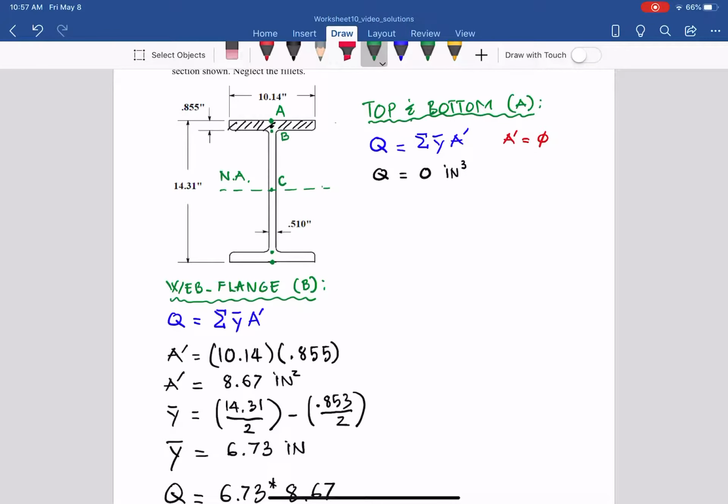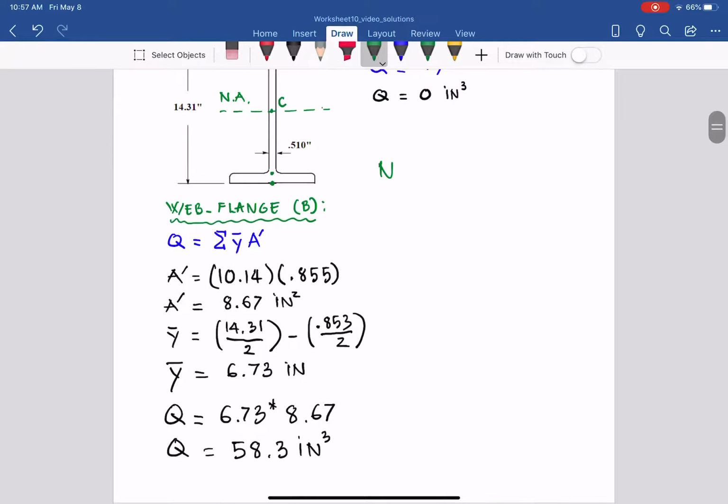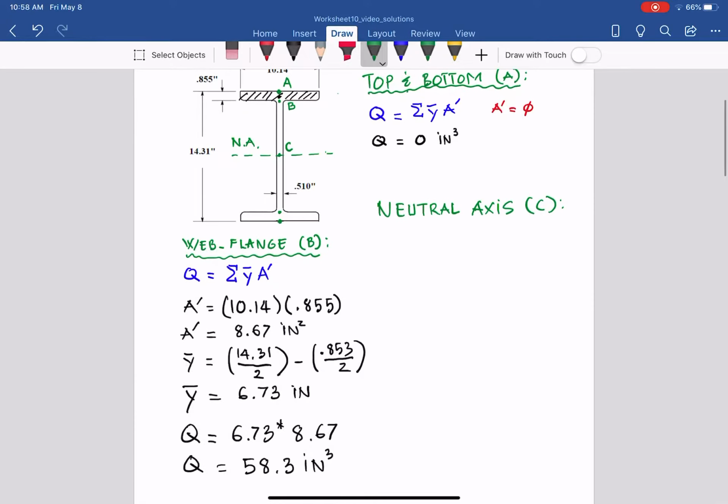So where here we have the neutral axis, and that is point C represented in the cross section. So again, we also have the equation Q equal to the sum of y bar A apostrophe.